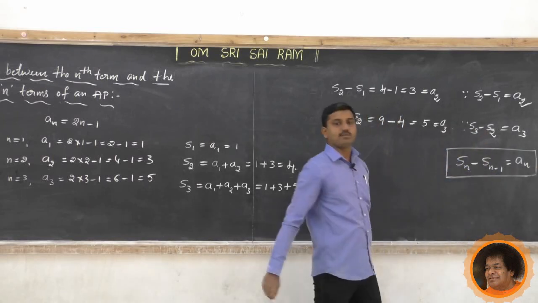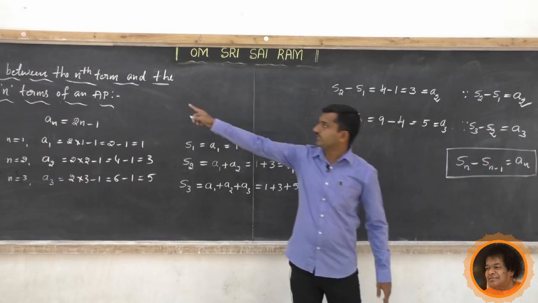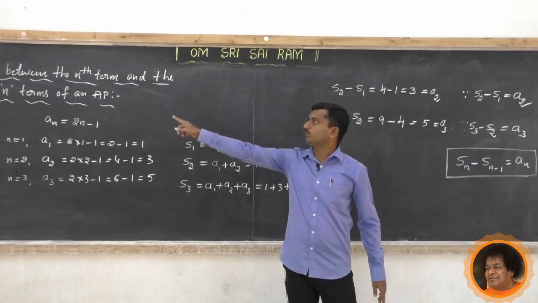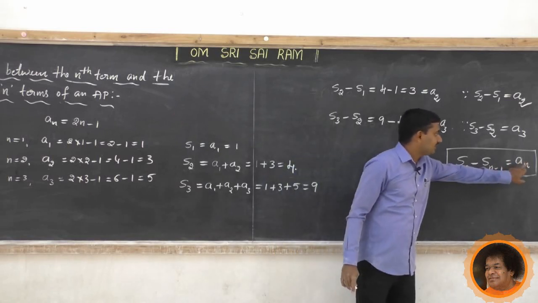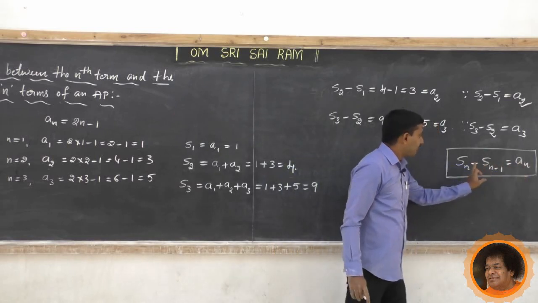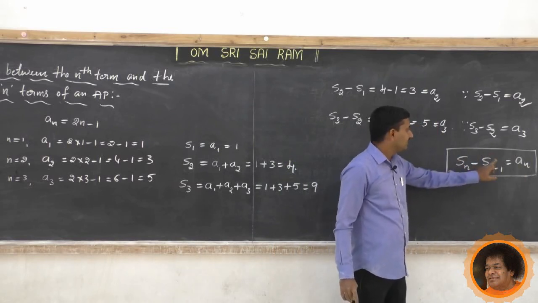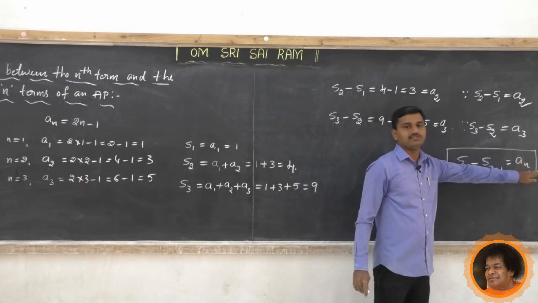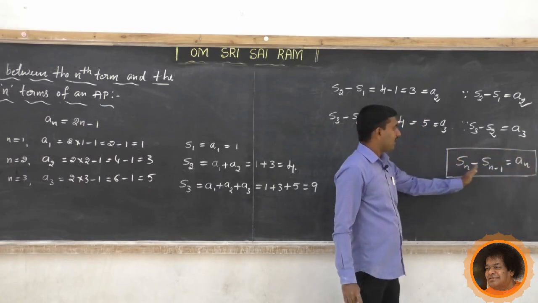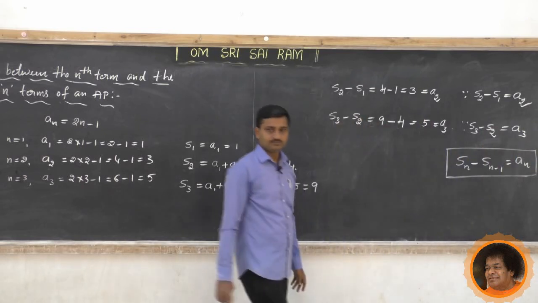So this is the relation between the nth term and the sum of n terms of an arithmetic progression. The nth term of an AP is the difference between the sum of n terms and the sum of n minus 1 terms. So their difference is the nth term, or Sn minus Sn minus 1 equal to an.